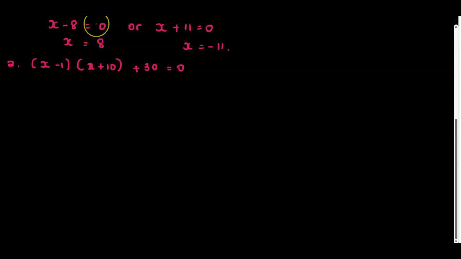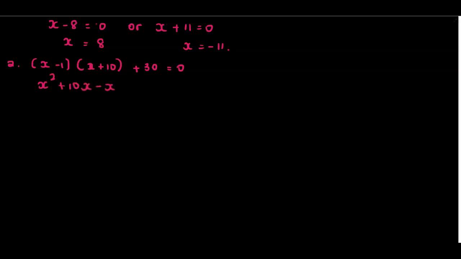So again, let's expand. You're going to get x squared plus 10x minus x minus 10 plus 30 is equal to 0. So in simplify, you're going to get x squared minus 9x plus 20 is equal to 0.